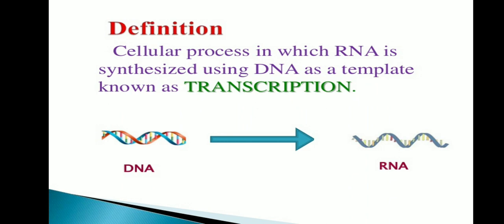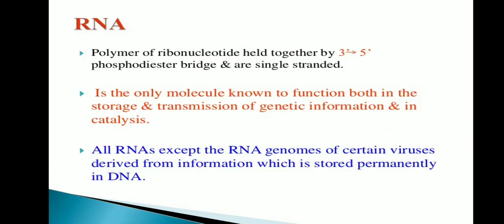It transcribes all three different kinds of RNAs in the prokaryotic system, whereas in the eukaryotic cell, three different RNA polymerases, namely RNA polymerase I, RNA polymerase II and RNA polymerase III, are involved in the synthesis of the three different RNA molecules, that is mRNA, rRNA and tRNA.